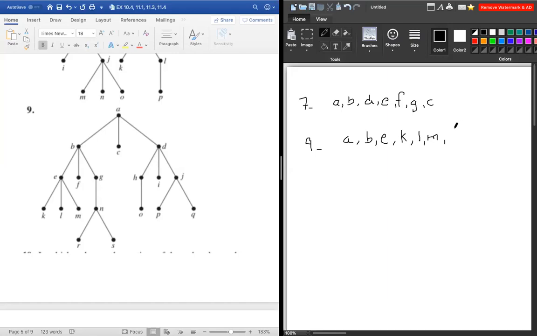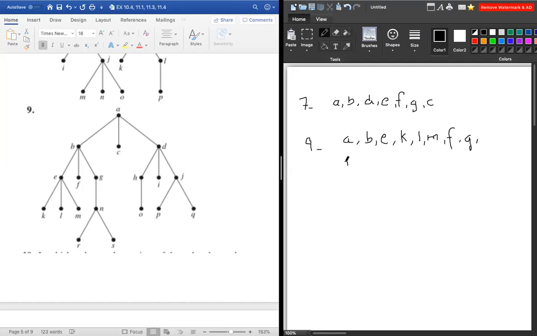Then we visit F, then G. Just going to write it down on the line below.